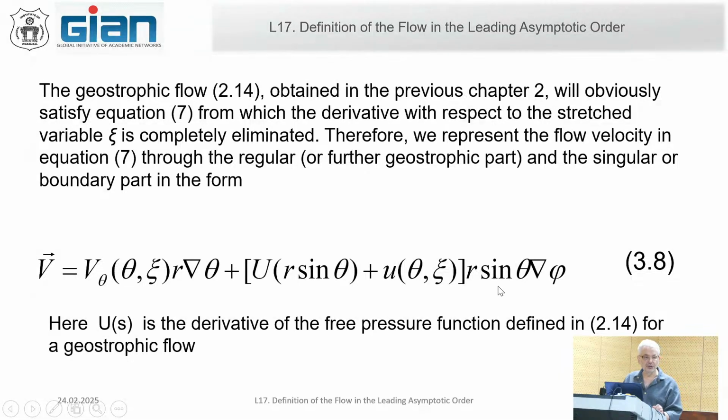It's necessary to stress that the Ekman boundary layer is exactly independent of the azimuthal coordinate phi. It could have a vector component in this direction, but it does not depend on it. It's important to understand this because of the symmetry of the problem.